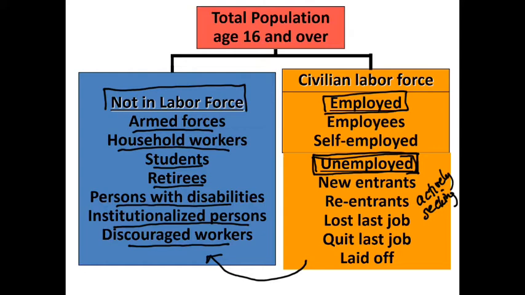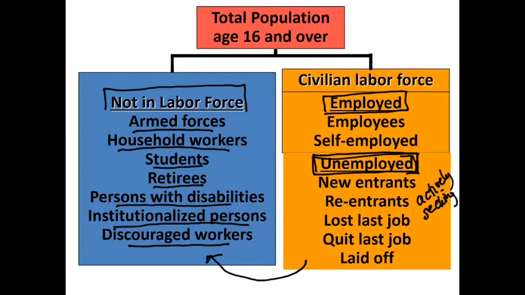Once again, how long do we have to be looking for a job? Well, the unemployment rate is a monthly data. The Bureau of Labor Statistics gathers this data every month and publishes this data on the BLS website, and therefore they're asking in their surveys to the people in that survey group if they've been looking for a job in the past 4 weeks only.